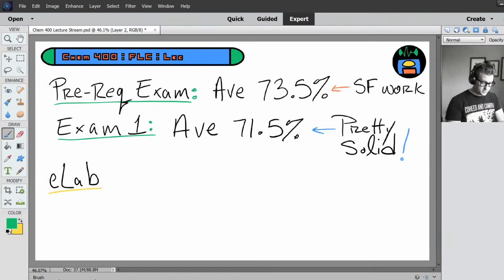But something you should keep in mind is we have our second E-Lab coming up. Everybody's due dates may be different, right? Because we have 3 different lab instructors and each one sets their own schedule.